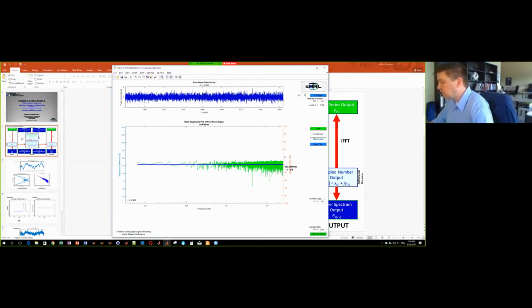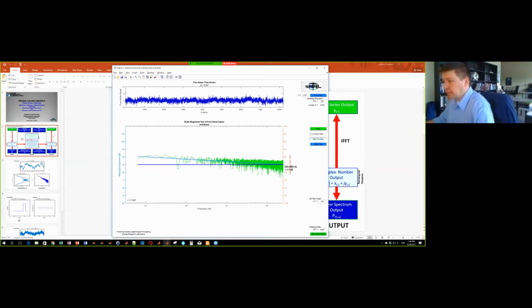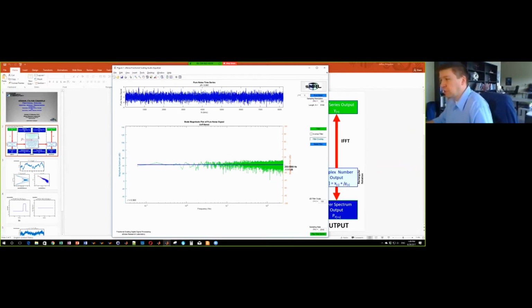If I wanted 0.587, I can get that exact slope. So if I was using this as a testing time series, I can use this as an input, and I know that any changes to this time series are a result of how my system is actually processing the input and changing the spectrum. So it gives me an easy way to map out the transfer function of how the system is changing any input signal.